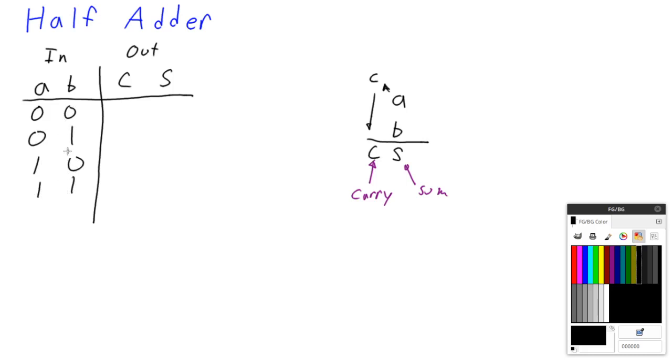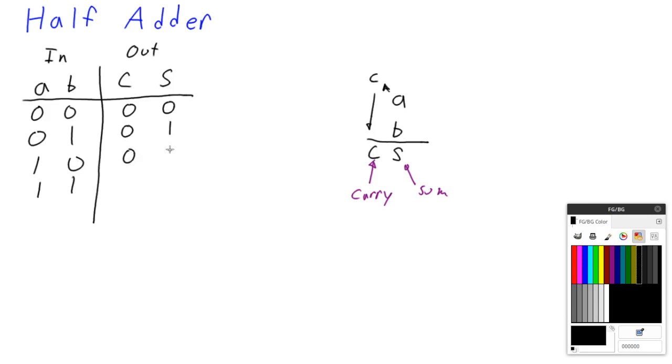And now let's think about what happens if we add 0 to 0. Well, our sum is going to be 0, and our carry is also going to be 0. If we add 0 to 1, the sum is a 1, right? The output is a 1, so that means our carry is a 0. And addition is commutative, so we know 1 plus 0 is still going to be the same as 0 plus 1.